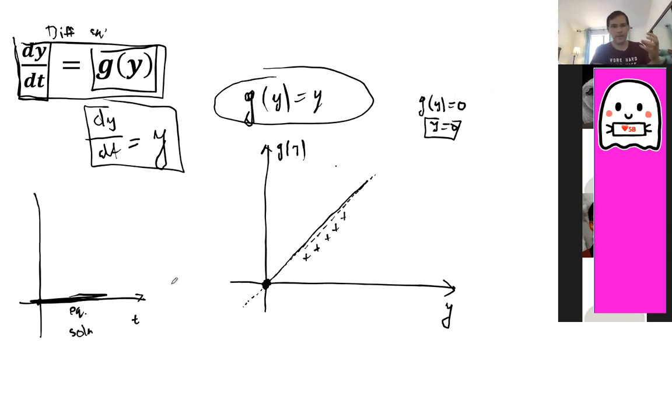Okay, but now if you take any point that's a little bit bigger than 0, for example 1, how does the solution that starts at this point look like? The derivative is positive, so the function will be increasing. So we'll indicate this by putting this little arrow here, and this arrow will correspond to a solution that looks like this.